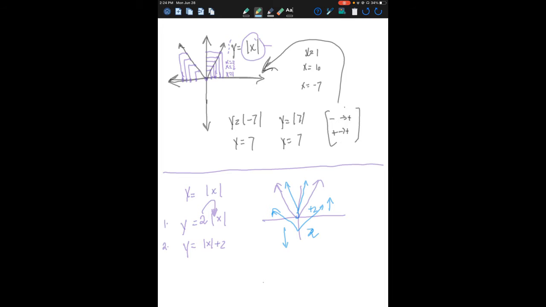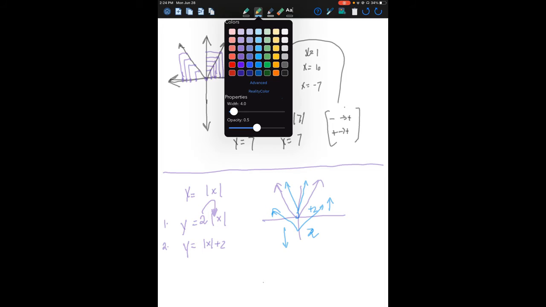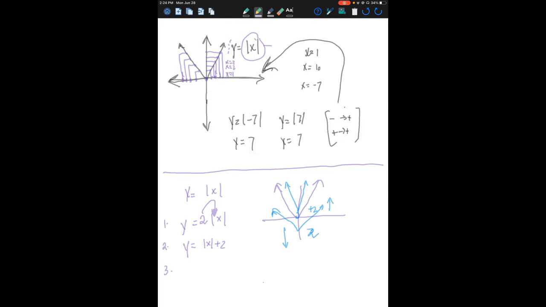Next transformation will be something like this. If you're going to be flipping your graph, what happens is the sign in front of the entire equation changes.